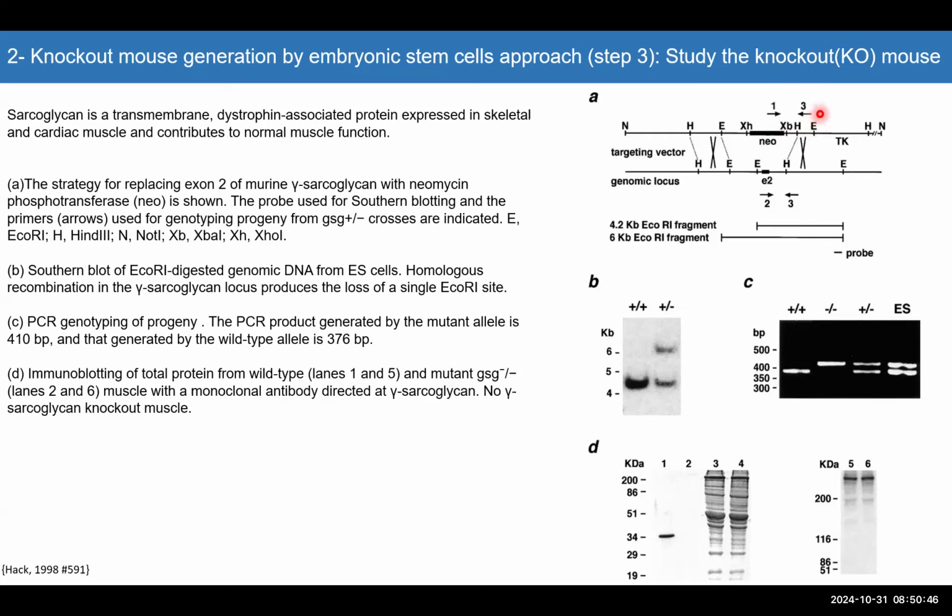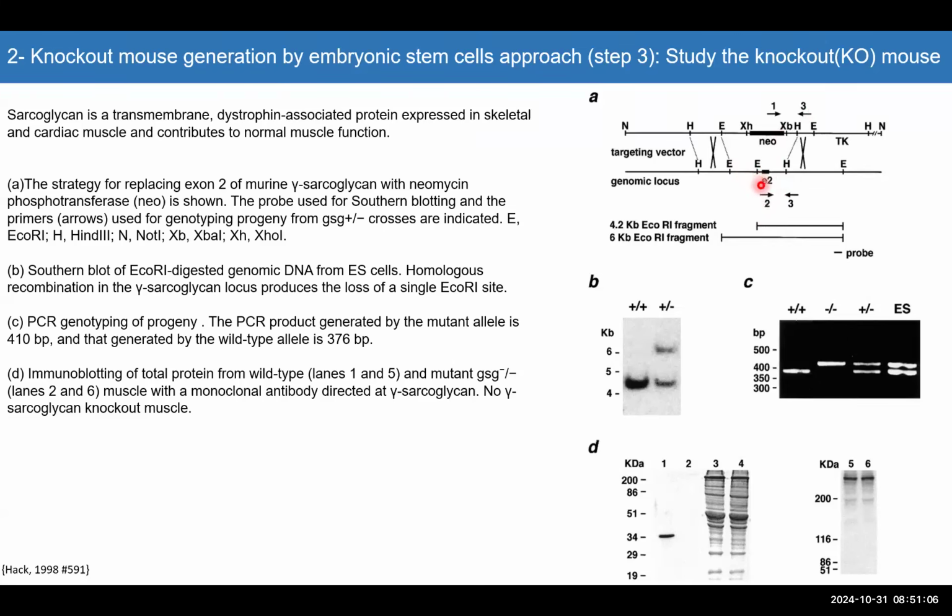If there is a PCR product that comes out from these two primers, 1 and 3, it will tell me that this mouse carried the neomycin cassette, and therefore there's a great possibility that exon number 2 is removed.